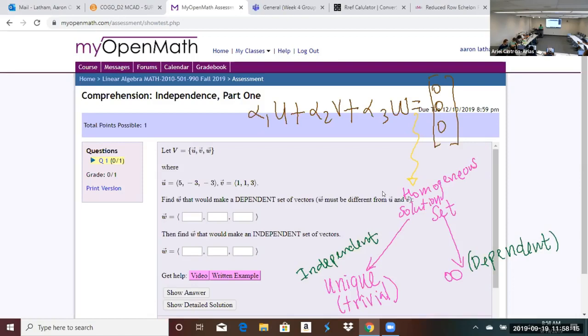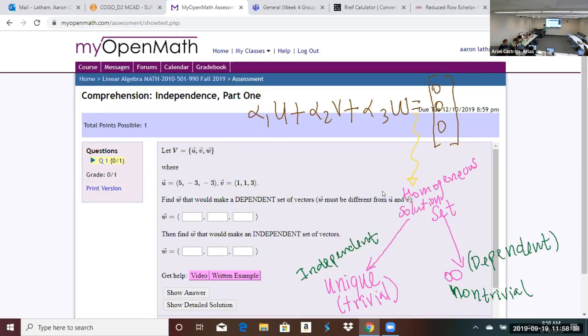This would include non-trivial solutions. In other words, if you set alpha 1 to be 0 and alpha 2 to be 0 and alpha 3 to be 0, then of course you're going to generate a vector of zeros.